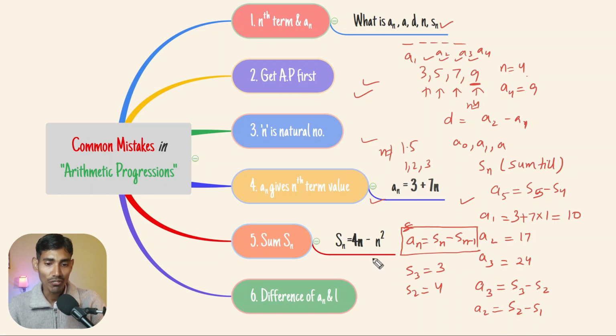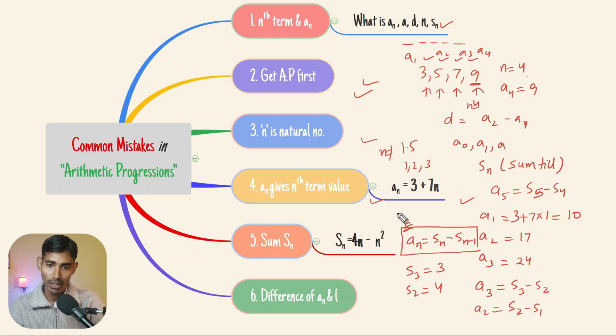Next is the difference of An and L. Students get confused: what is the difference between the An value and L in the sum formula? An is the nth term and L is the last term. So what's the difference? Actually, there is no difference. In the Sn formula, they mean the same.